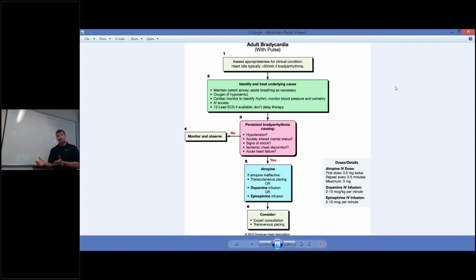I don't do anything with them. We just monitor and check. But if my patient is symptomatic, basically meaning they have hypotension, they're diaphoretic, they're pale, difficulty breathing, chest pain, anything associated where they have symptoms associated with the bradycardia, then I'm going to treat it.